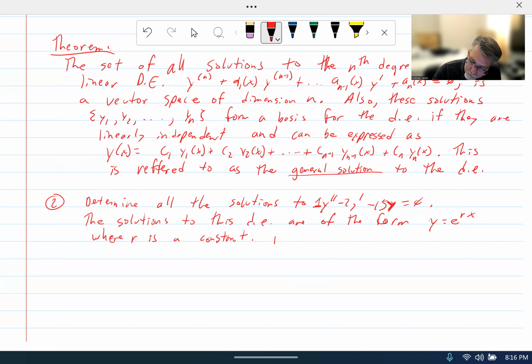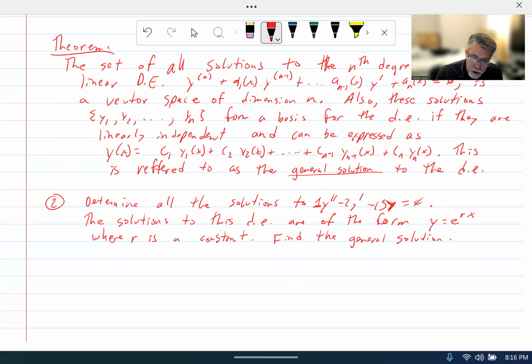Find the general solution to this differential equation. So they're all going to be in that form.